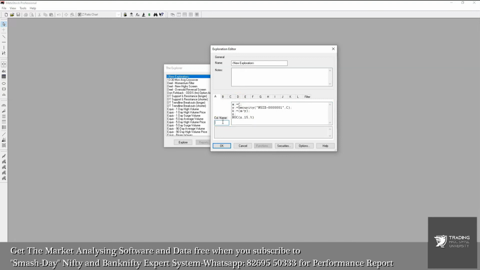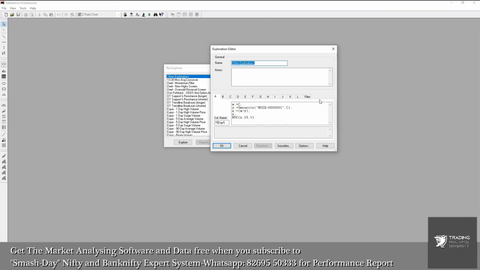The stock that has a higher ROC will be stronger, right? In column name, for example, we write it as 15-day percentage. Okay, we have to give it a name here.